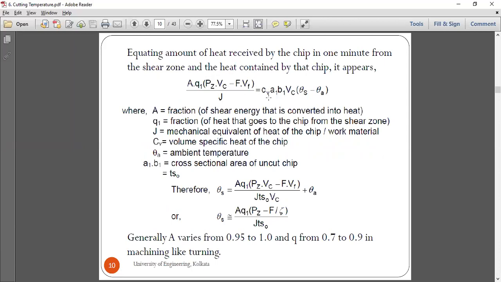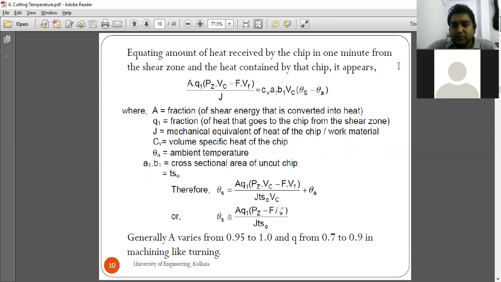CV is specific heat. Okay, A1, B1. A1, you know, is the uncut chip thickness. B1 is the width. VC is the cutting velocity. Theta S minus theta A. These values are given here, as you can see. A is the fraction of shear energy that is converted into heat. Okay.